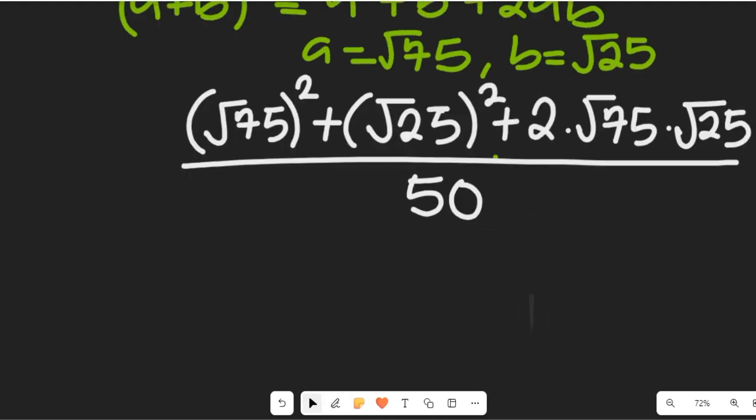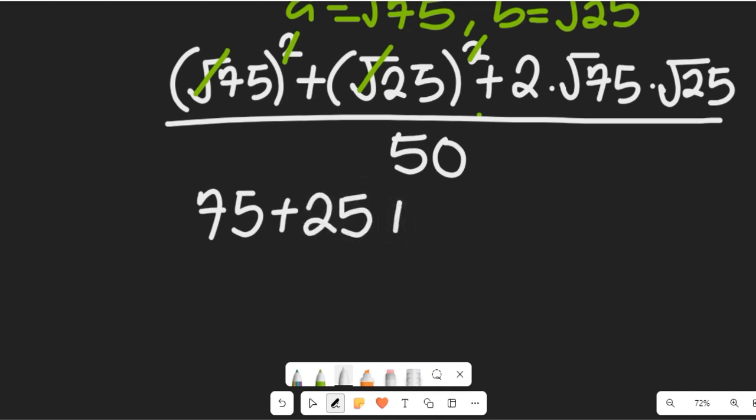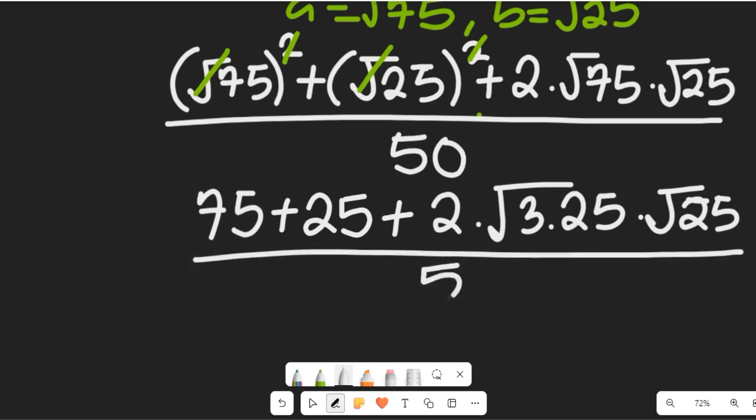So if we simplify, this clears the square root, while this clears the square root, and then we'll be left with 75 plus 25 plus 2 multiplied by, this can give us 3 multiplied by 25, right? Multiplied by the square root of 25. And all these can be divided by 50. So what do we have?